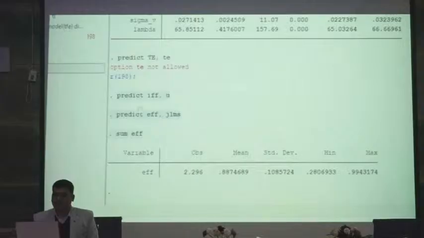That's why I have written EFF, that is efficiency, and then summary of efficiency. Then you will get the summary of the efficiency. So this is the mean of the efficiency, and these are the minimum and maximum values of the efficiency.